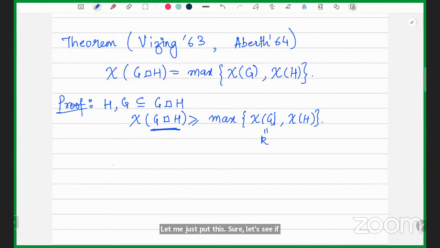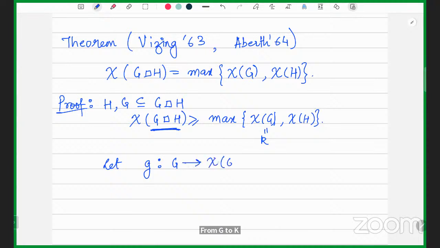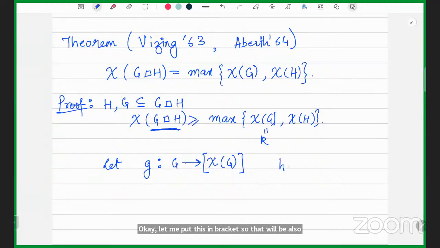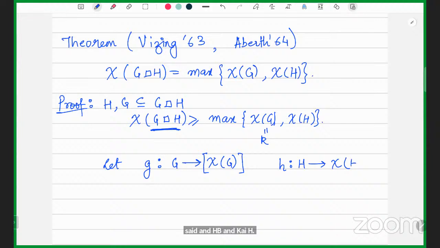Okay, and now let g be a coloring function from G to the set of chi G colors. Let me put this in brackets so that it denotes a set, and h be a chi H coloring of the graph H.